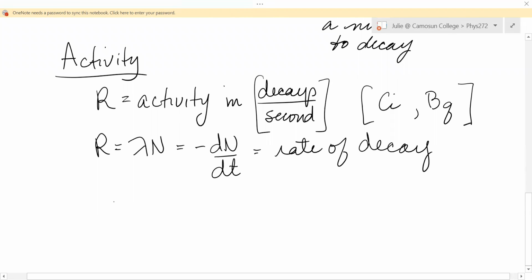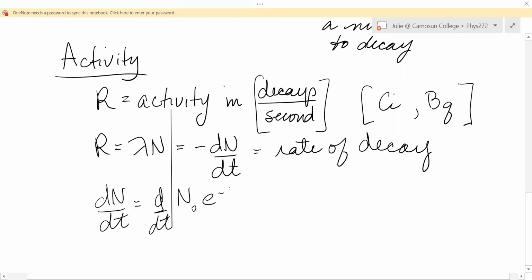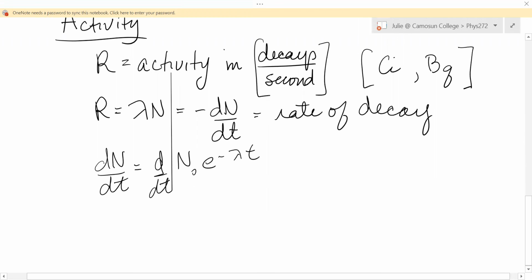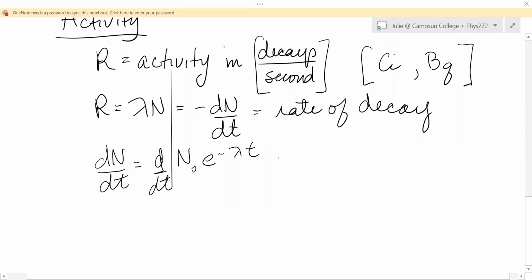Now, if you actually do this, take the derivative of N, go dN/dt, you would get d/dt of N0 e to the minus lambda t. N0 is a constant.